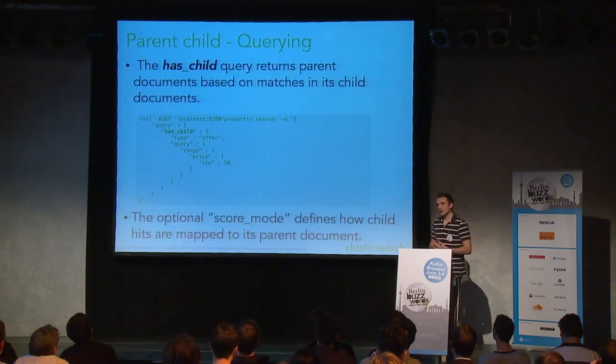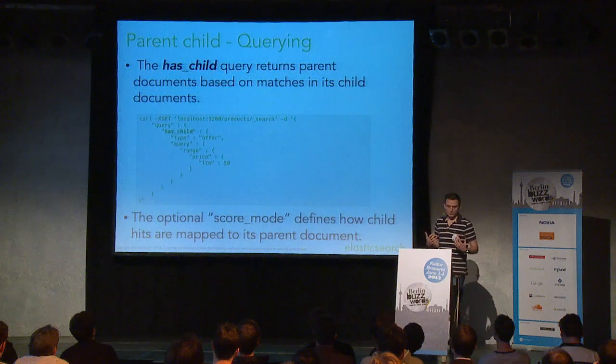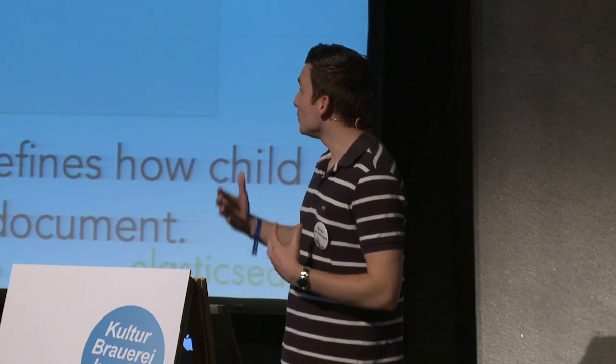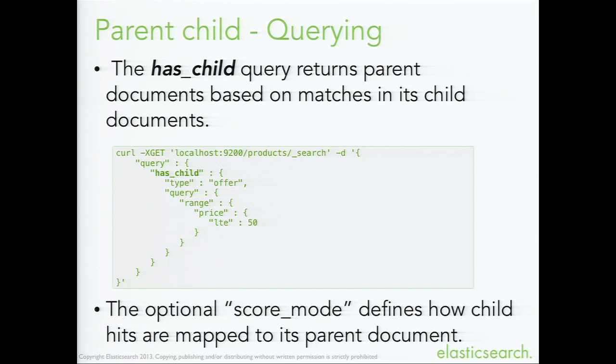When you want to query this, at query time, you need to decide the join, basically, and you express the query time join as a query in ElasticSearch. The has child query: you define to what you are going to join, so you define the child type.